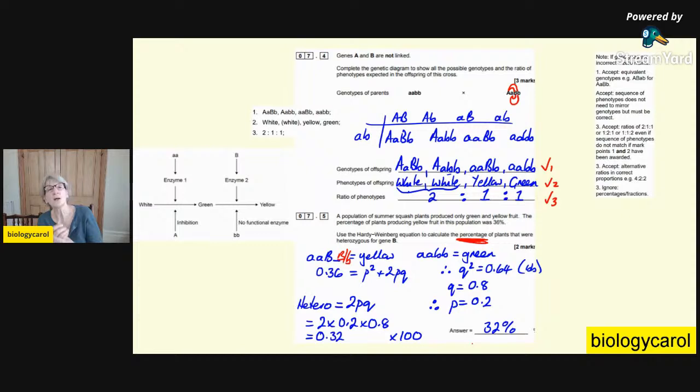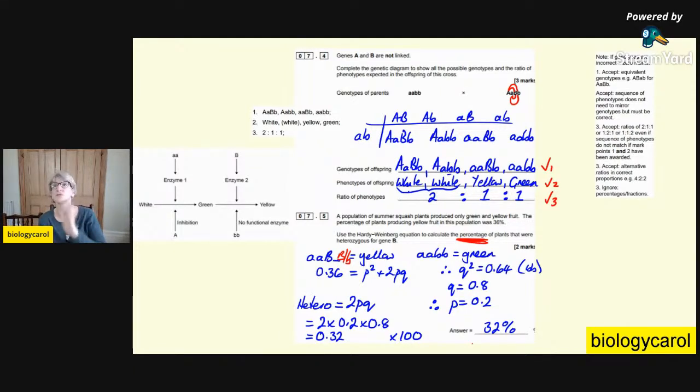The crucial thing in Hardy-Weinberg is to notice the information that they give you. If they give you phenotype information, you have got to go straight to picking out the appropriate term in the long Hardy-Weinberg equation. They nearly always give you the positive phenotype. So the positive phenotype for the B gene is yellow.